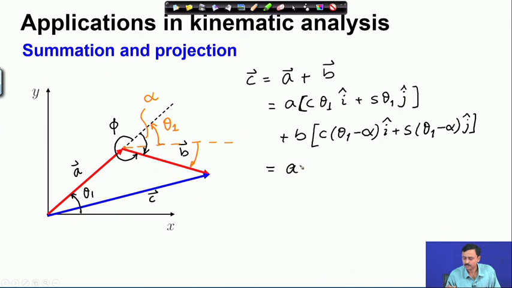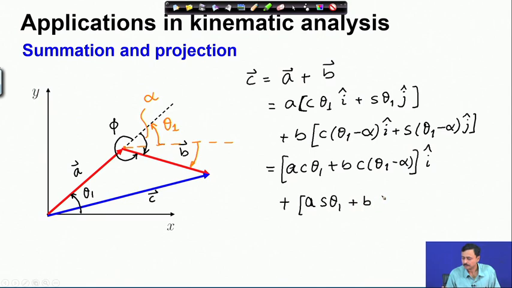So, therefore, this becomes B sin theta 1 minus alpha j cap. So, that will be the representation of C.